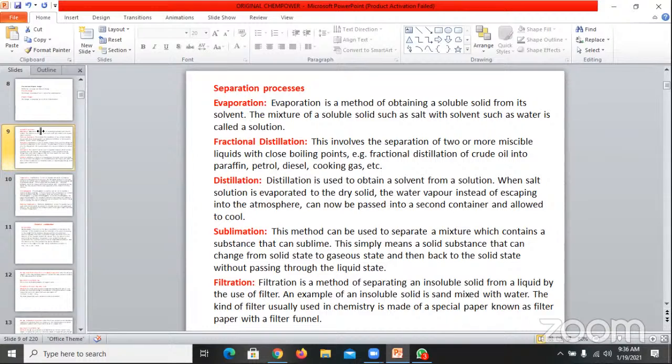The equipment for evaporation is designed in such a way that the soluble solid is the most important thing that you want to get out. And in distillation, the liquid that is evaporating is also very important, so you're getting it out as well. So you're looking at the liquid mostly.